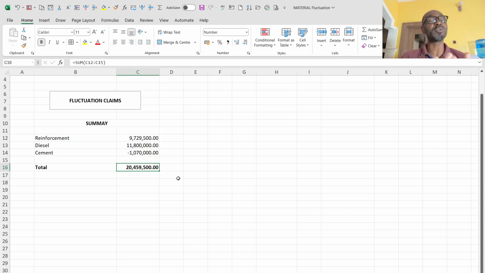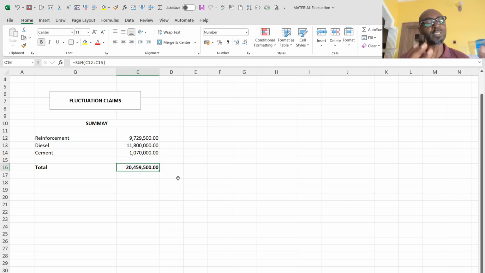Since you know the ratio of cement to either a PCC concrete or an RCC concrete, you know what the quantity of cement consumption for each grade of concrete is. You can do your computation to have some basic idea. Plus or minus 5% is not far from it. You can ascertain from that.